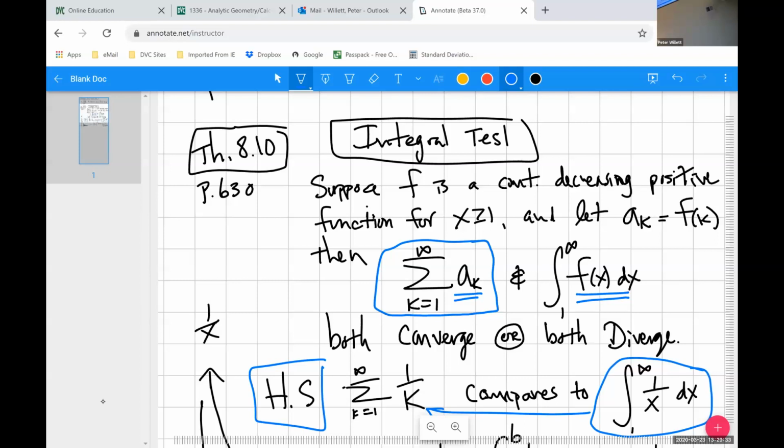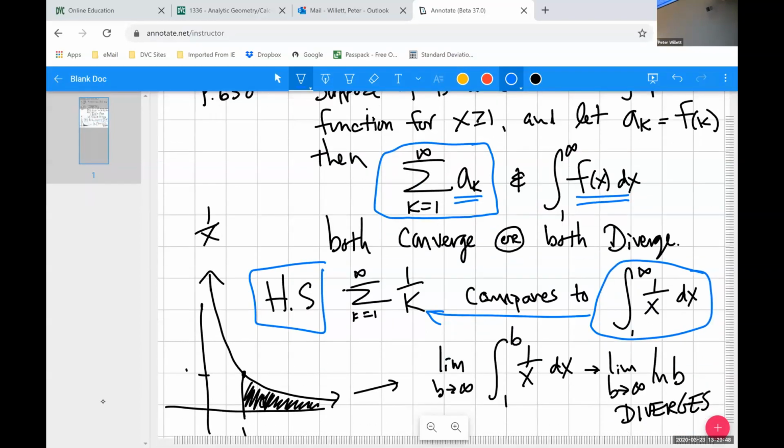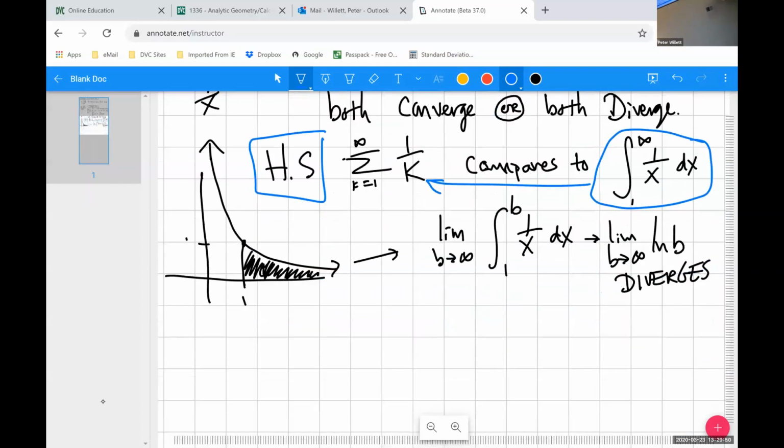Because the series will do the same thing that the improper integral does. They'll either both converge or they'll both diverge. So it allows you to basically say, hey, if I took the integral of that formula, would I be able to look at that improper integral and determine what's going on? Questions, comments, discussions about what the integral test says?